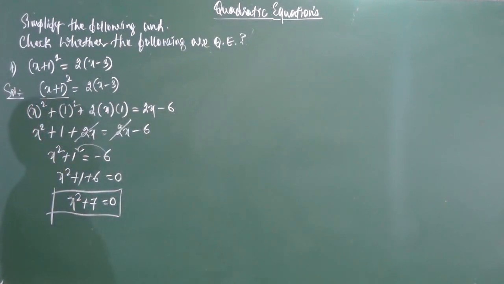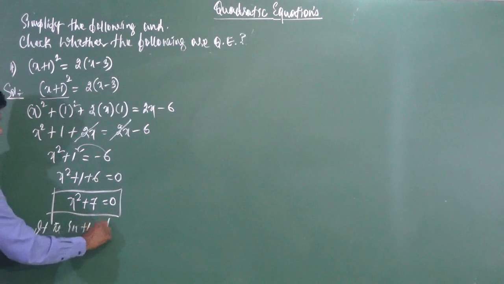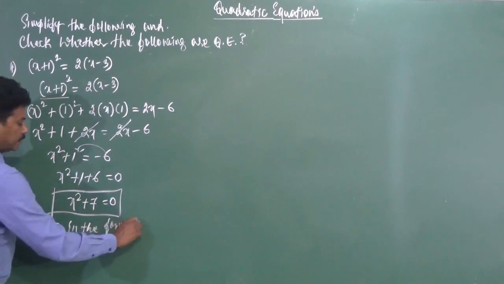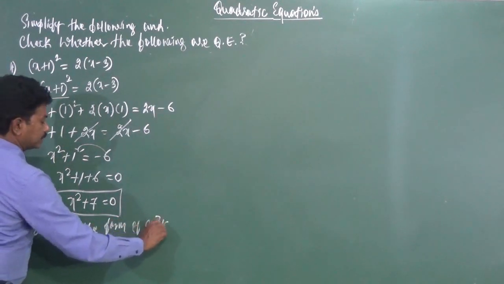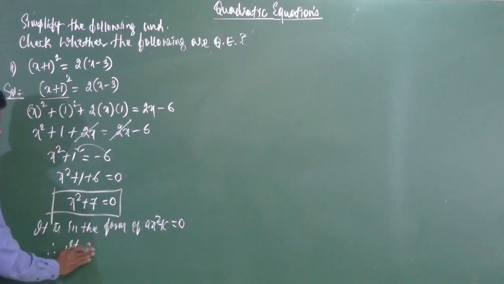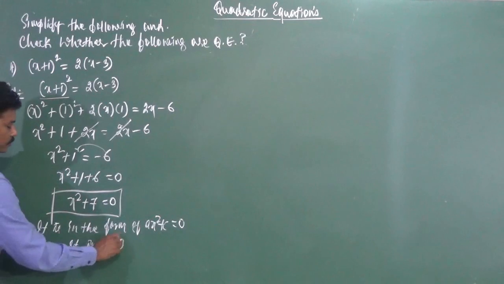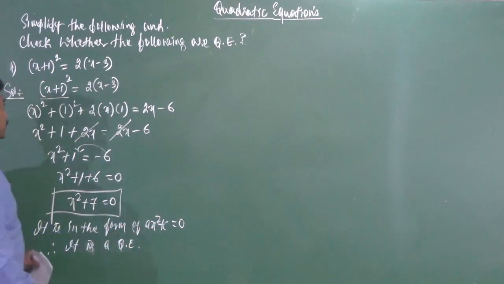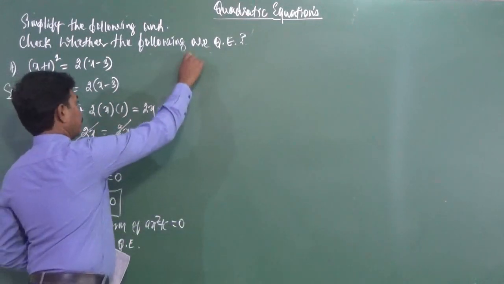Yes, it is a pure quadratic equation. So it is in the form of ax square plus c is equal to 0. So therefore it is a quadratic equation, right? So let us get into the next problem, very important.